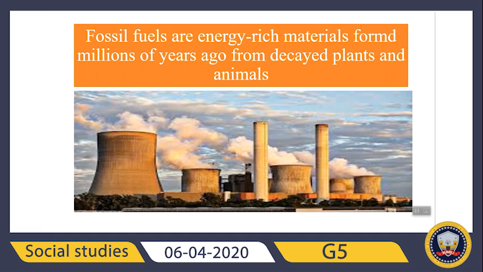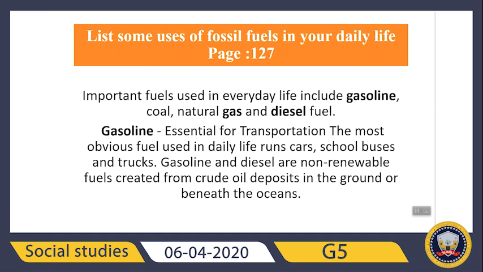Now on page 127, you will have a task that lists some uses of fossil fuel in your daily life. I just tried to give you a few, and the rest is your activity. Important fuels used in everyday life include gasoline, coal, natural gas, and diesel fuel. Here I explain a little bit about gasoline.